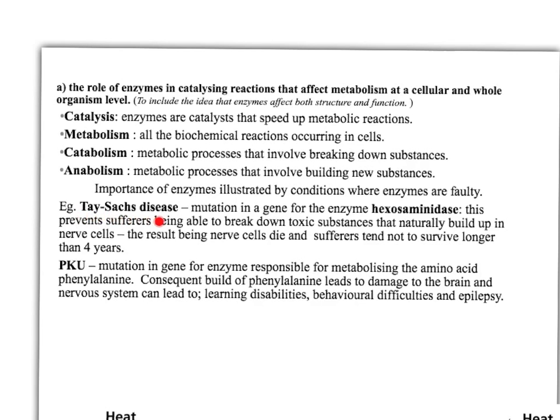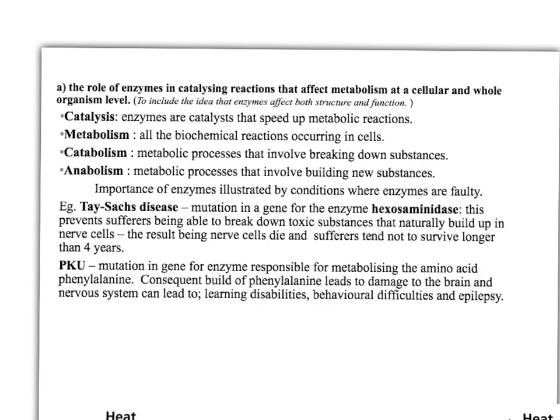For sufferers of Tay-Sachs disease who don't produce an effective Hex-A enzyme, they can't break down these gangliosides, and the result is the gangliosides accumulate in the cell bodies of their cells, and their nerve cells eventually die. Unfortunately for sufferers of this disease, they don't tend to live very long. In fact, they very rarely survive longer than 4 years old. So it's a devastating genetic disorder.